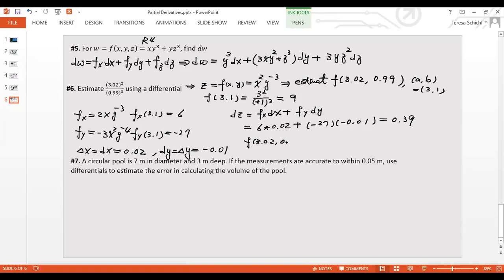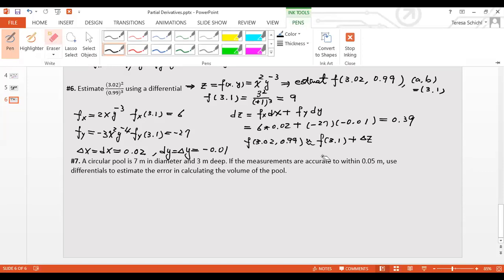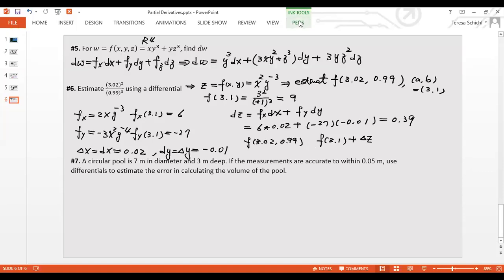Right? So now I know f of 3.02, 0.99 will be approximately f of (3, 1) plus delta z. I should be careful about my notation here. It will be very close to f of (3, 1) plus dz, because delta z can be approximated by dz.